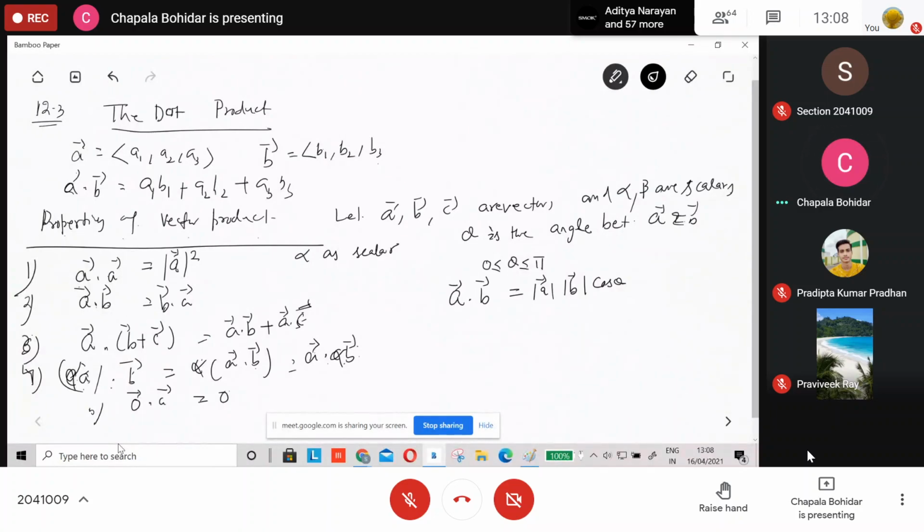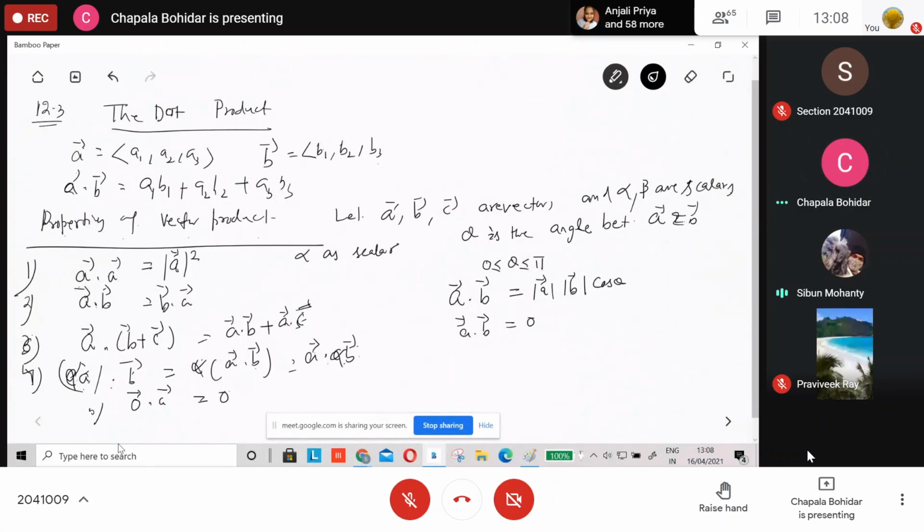Now, if A dot B is equal to 0, if the dot product of these two vectors is 0, then what about the vectors A and B?